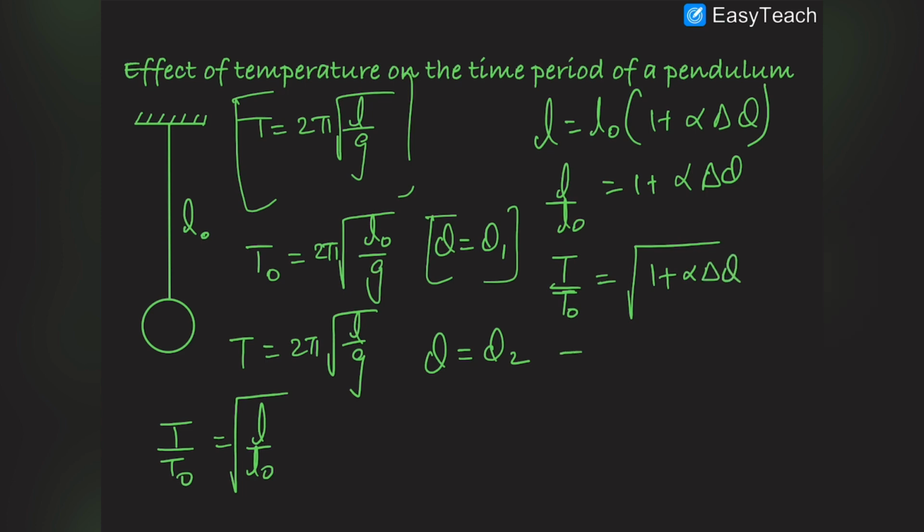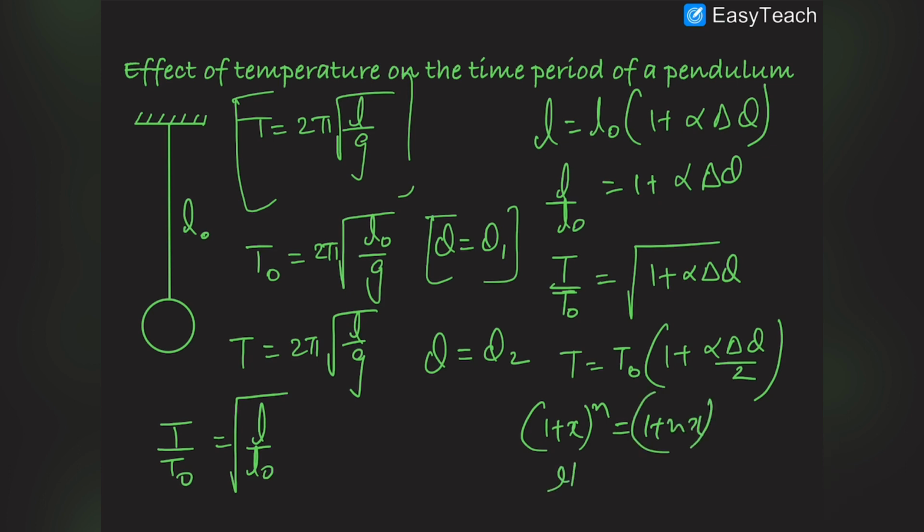Now we know that α is very small, and therefore we can write this as (1 + αΔθ/2). According to binomial expansion, (1 + x)^n can be written as 1 + nx if x is very much less than 1.